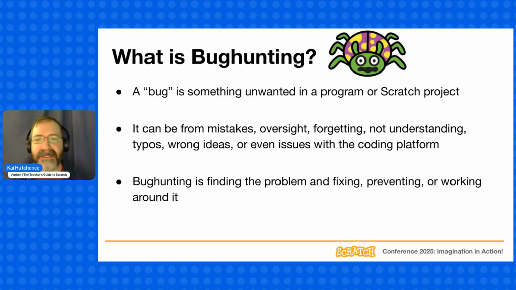You could just have made a mistake, a typo, you might be overlooking or have forgotten something, you might not understand how something works, or you might have an idea that's totally the opposite of how things actually work. Sometimes it'll even be just an issue with the language that you're programming.